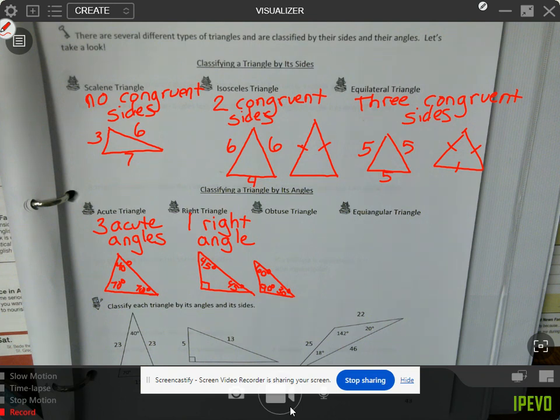What is an obtuse triangle, Damien? Two angles are bigger than 90. Can it be a triangle if I have two obtuse angles? It can't be a triangle with more than one. So one obtuse angle. So I have one big angle, and then I connect it.